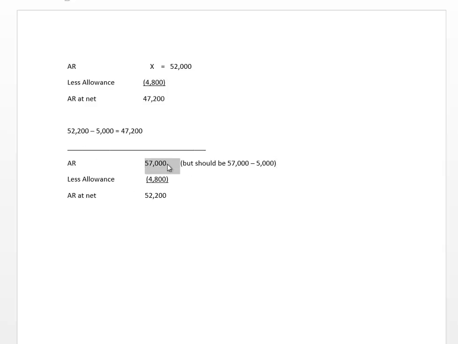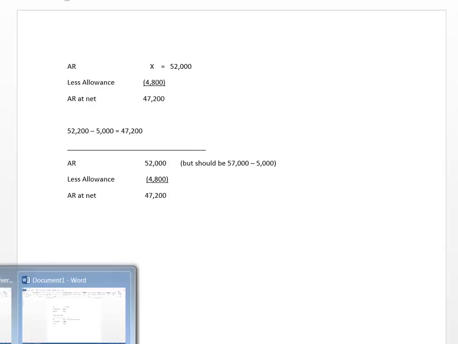They said, well, I know it can't be 57,000 because it should be 52,000, and then come back to 47,200 this way. Either way you look at it, whether you deduct the 5,000 from the net figure, or you started with 57,000 and deducted 5,000 from it to come up with 52 at gross, you're still going to wind up in the same place.